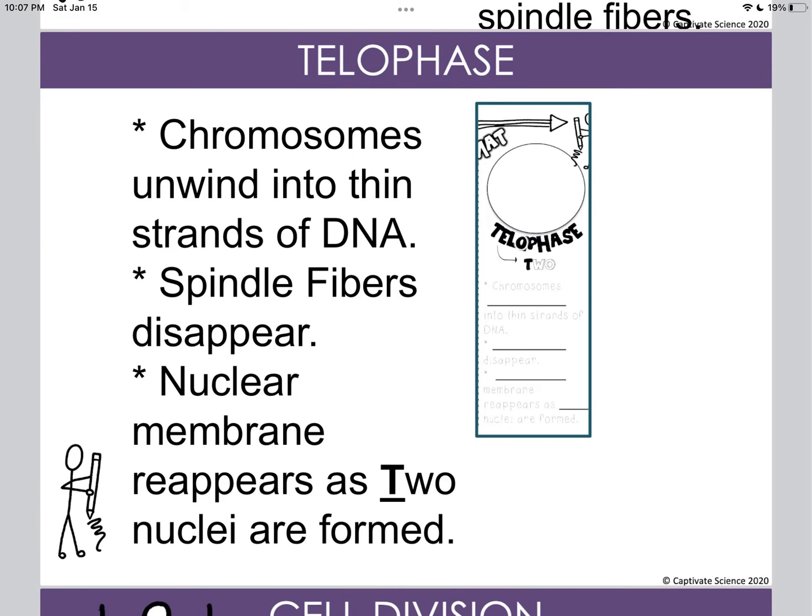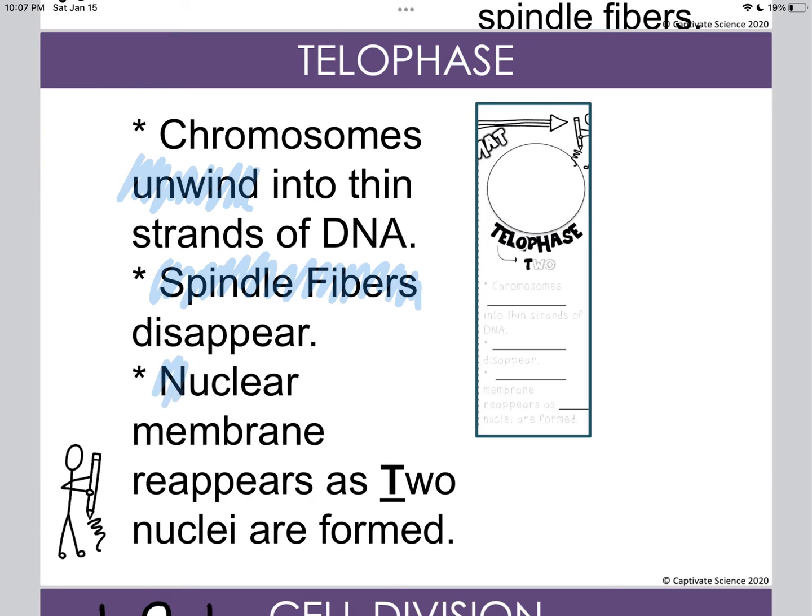All right, in telophase, chromosomes unwind into thin strands of DNA. So you are writing the word unwind. Chromosomes unwind into thin strands of DNA. Our spindle fibers disappear. We don't need them anymore. So they disappear.